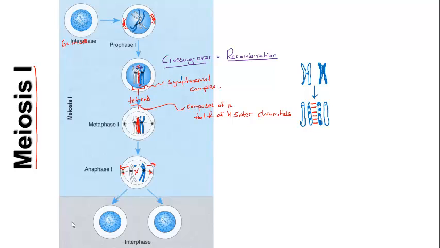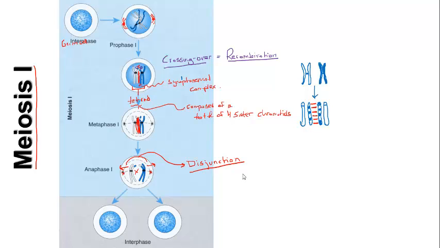The process of the actual pulling apart of the homologous chromosomes, breaking apart the synaptonemal complex, is known as disjunction. All right, the process by which these homologous chromosomes are broken apart from one another is known as disjunction. The process of disjunction is important, as mistakes made here can be devastating.